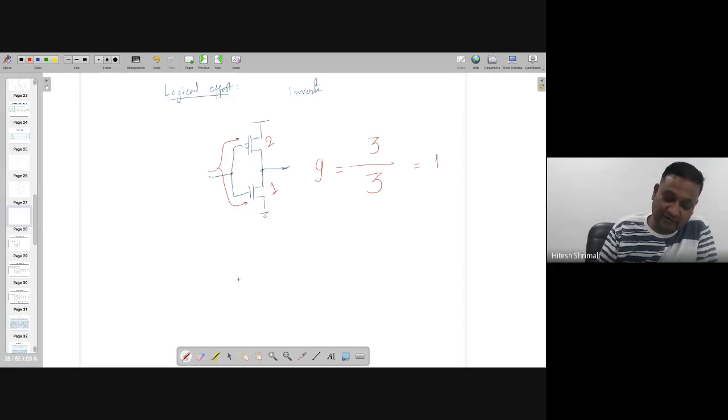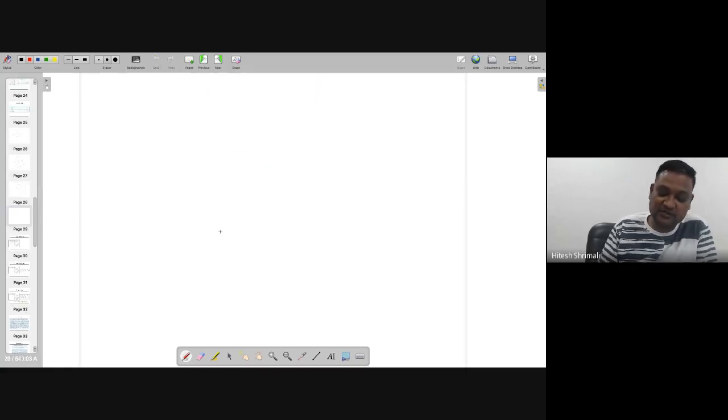Note that if it is a different ratio, this will change. If it is 1:3, then this will become 4 by 4. And if it is 1.55, that will become 2.55 by 2.55. However, the ratio remains the same. But these numbers will change if you are changing the gates.